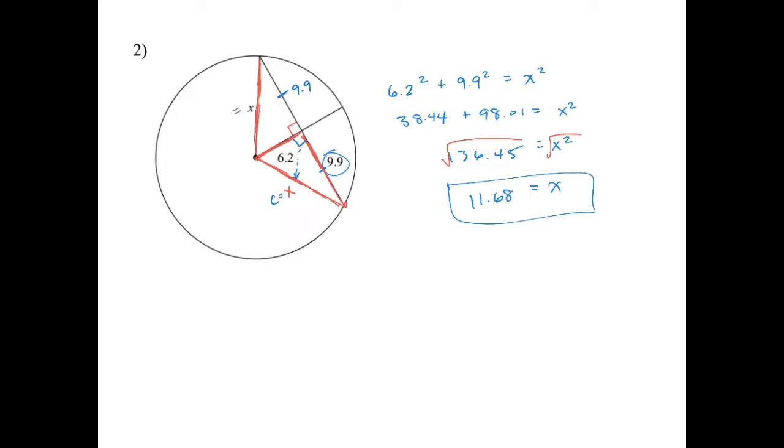So our hypotenuse is 11.68. No matter where I draw it, it's going to be 11.68. If I wanted to redraw it over here just for fun, it's still going to be 11.68 no matter where I draw the radius. The radius is 11.68 units.